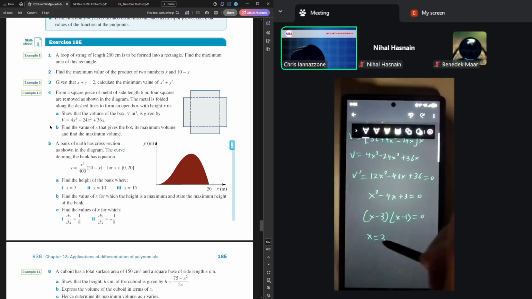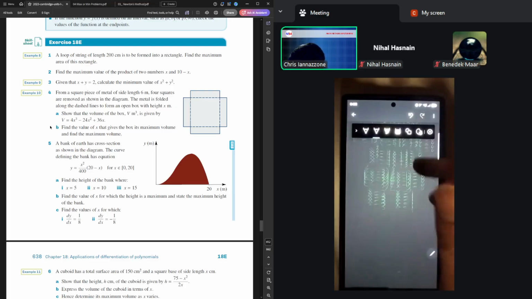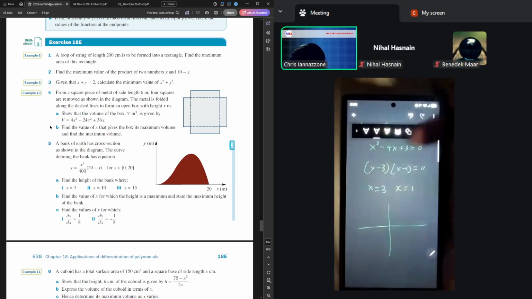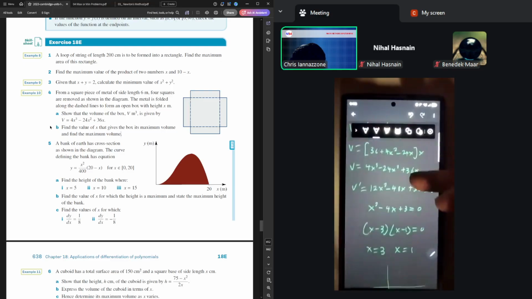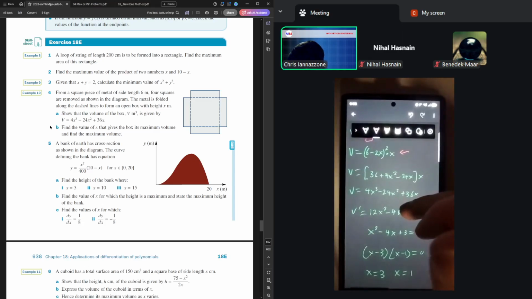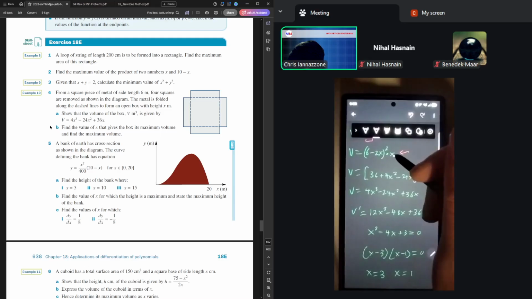This one did give us 2 positive solutions, so we can't really just cheat and knock one out. So maybe it's time to sketch. Okay. You could also just plug them back in, but you can see how it's probably not too complicated.